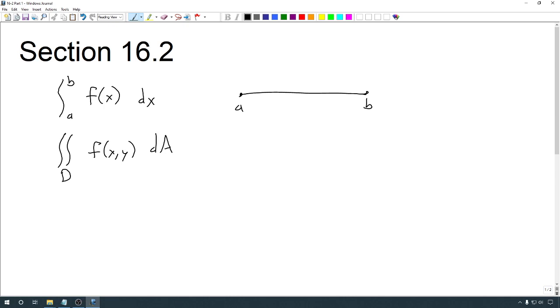So that's why we do the integration. We essentially multiply the values of the function by little pieces, little line segments on our interval, and that allows us to add up infinitely many things and get a finite number. Same kind of thing for our double integral.